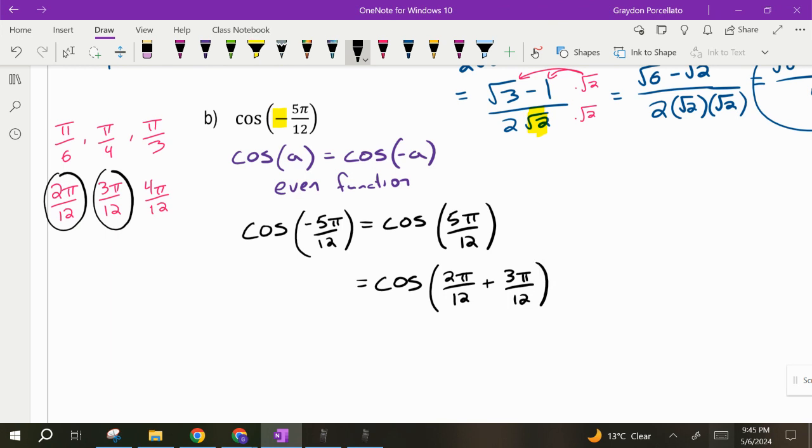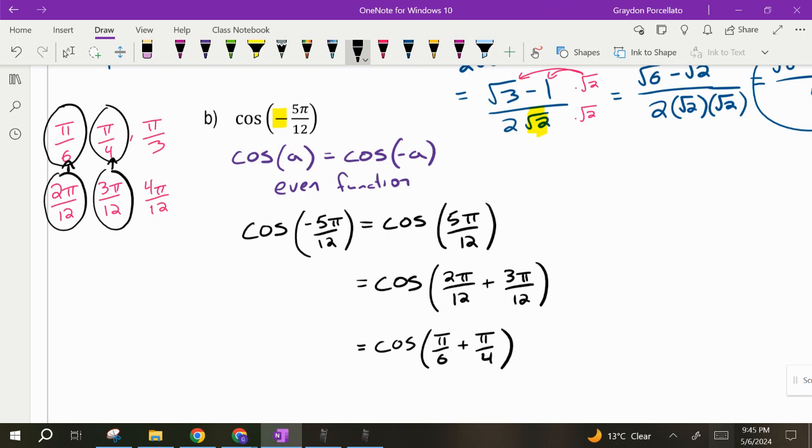These are still equivalent. I haven't actually changed anything yet. And I know still that these are equivalent to these, right? Pi over 6 and pi over 4. So I can say that the cos of pi over 6 plus pi over 4 is still equivalent.